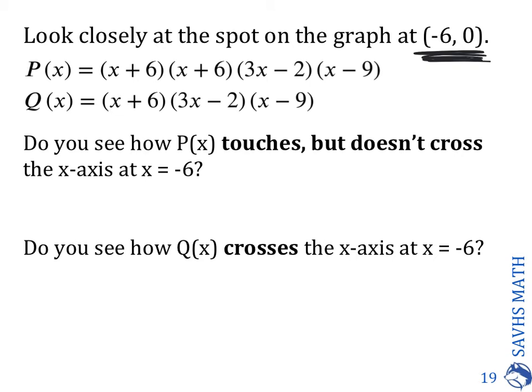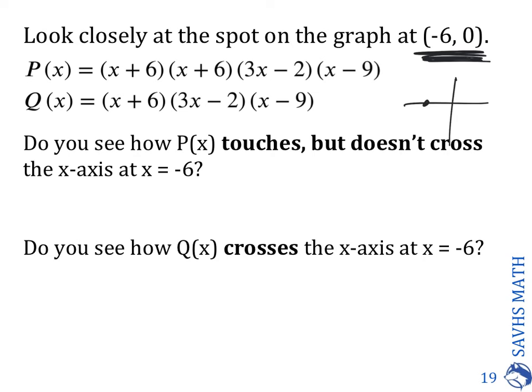Here's the thing. What is happening at -6, 0? That's right here somewhere. I'm wondering, does one graph cross but not touch, like that, or like that? And does the other one bounce?